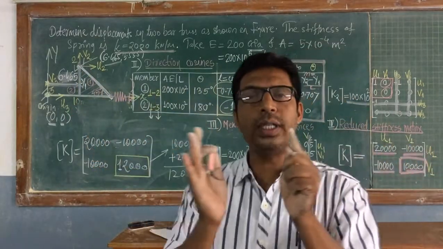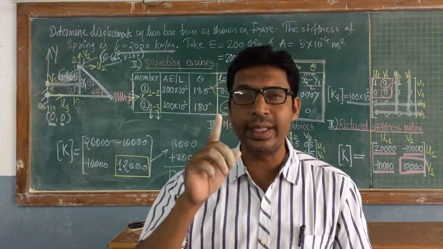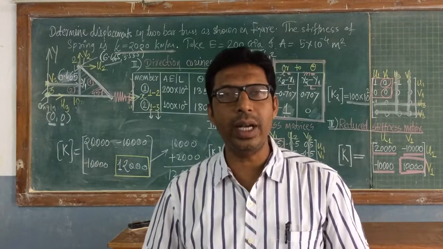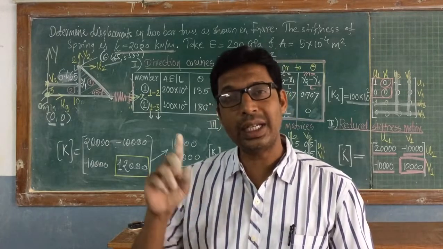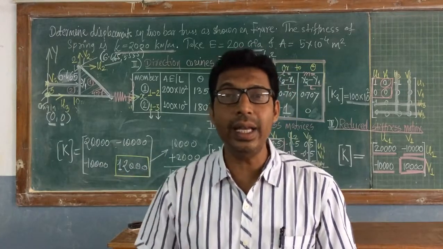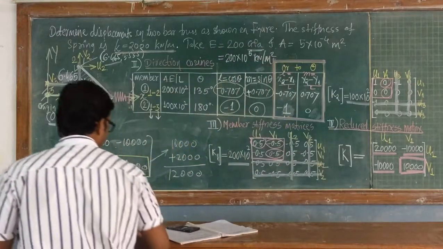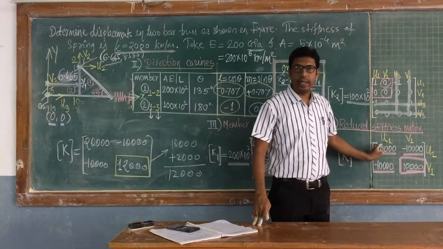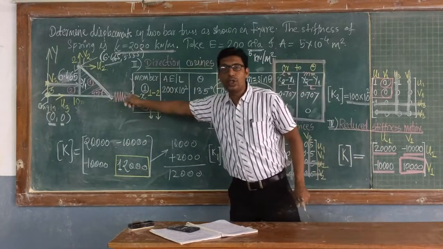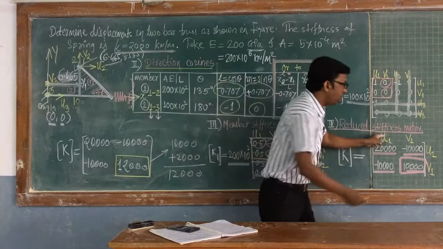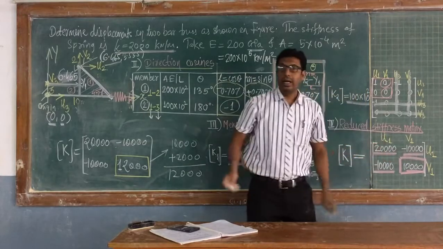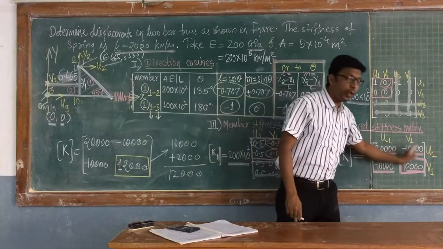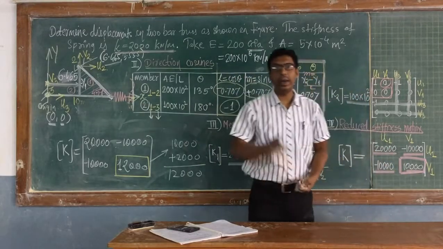If it is deformed horizontally, it is corresponding to the horizontal displacement at joint number 1. What is the horizontal displacement at joint number 1? U1. So that stiffness of the spring will be added in the U1 element. It means in this element. If it is horizontal, the stiffness of the spring is added here, U1. Now since it is vertical, it is added in the V1 element. Okay, please understand this.